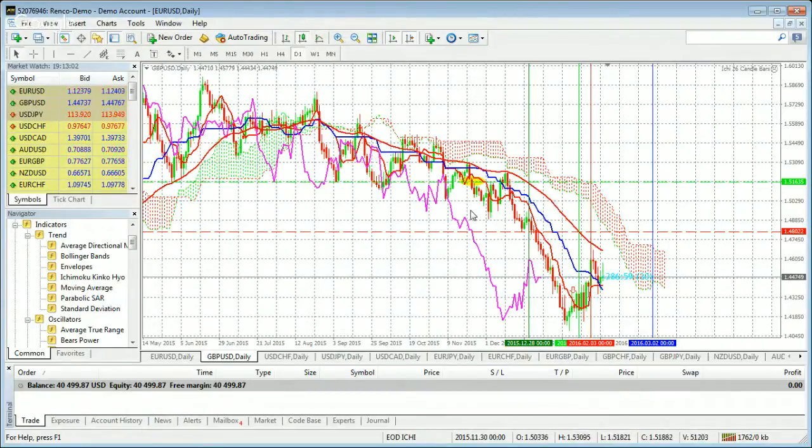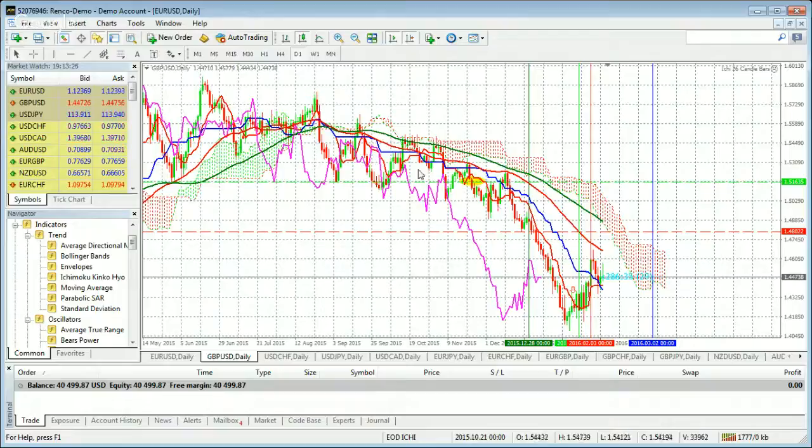Now what I'm going to do is use a larger one. Watch this. I'm going to change 50 to 80, and let's make this one green.